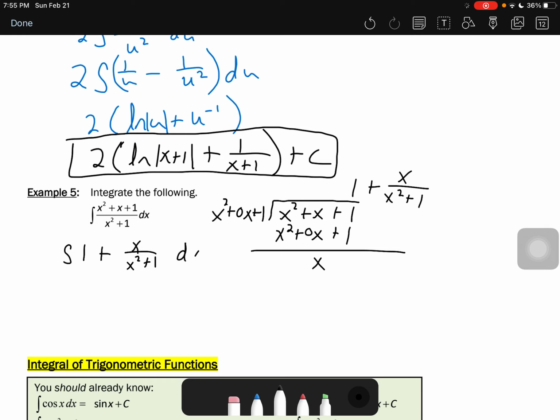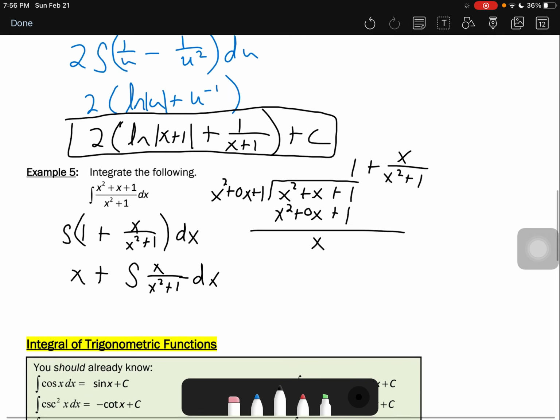Okay, so when I have this now, obviously the antiderivative of 1 that's easy. That's just going to be x. So maybe I'll just do x plus, and now I'm going to integrate this part. And this is the one where I'll have to do a quick u substitution.